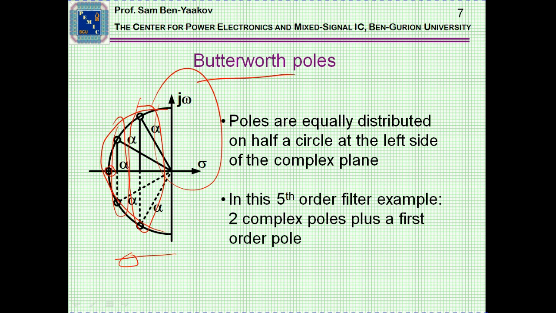Now, in the case of the Butterworth, these should be equally distributed on this half circle. This will be a fifth order filter because we have 1, 2, 3, 4, 5 poles, and the roll-off will be minus 20 dB per decade times 5. So it's going to be going down very fast.